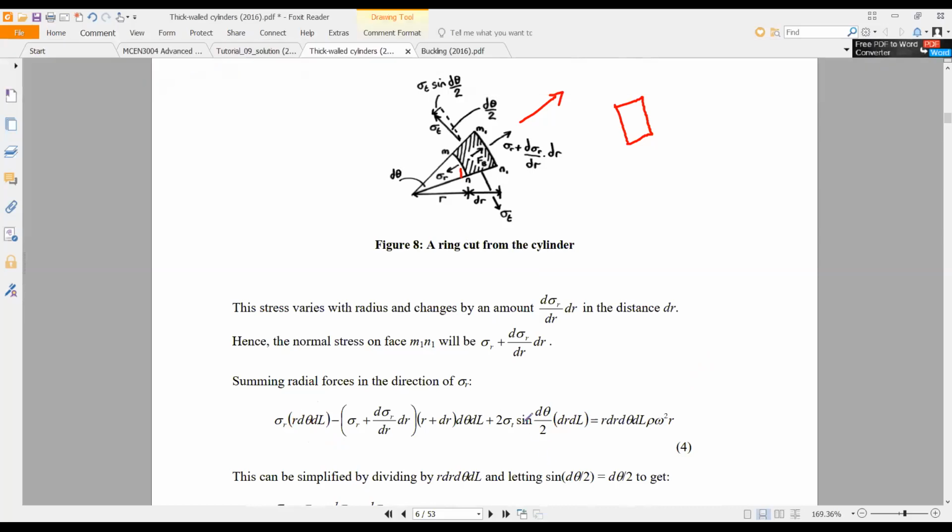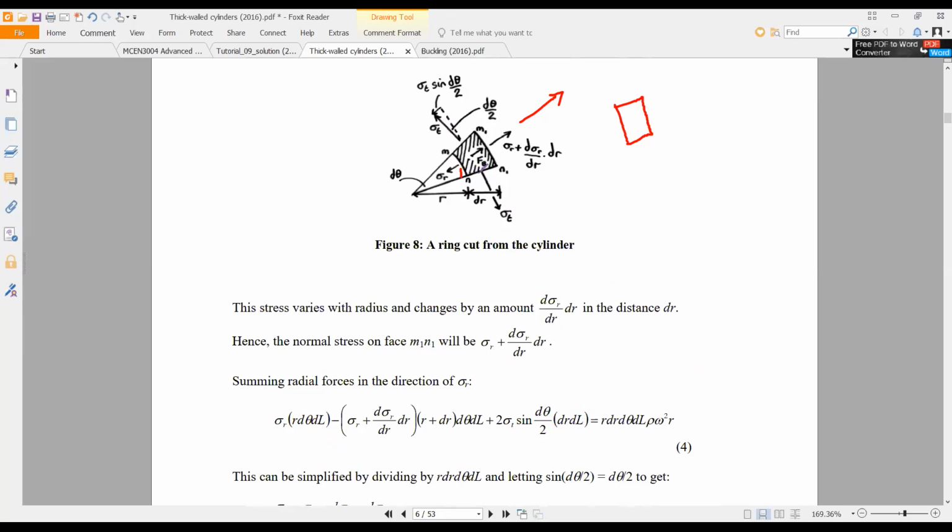you can see here this sigma t, that means tangential stress, if you assume this is the x-axis, so there are two components here, one component from this one, another one inside, and both are equal. So 2 sigma t sine d theta divided by 2, multiplied by the area.